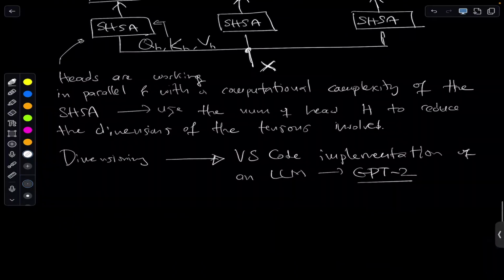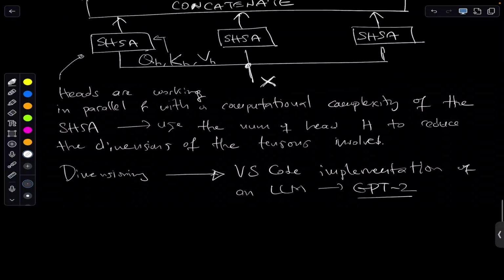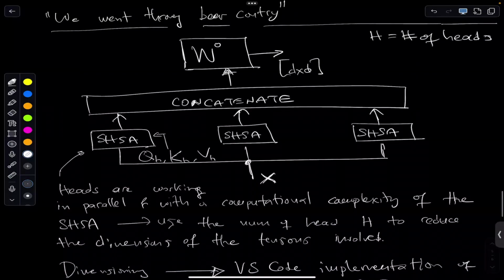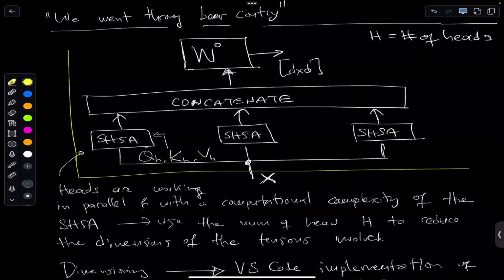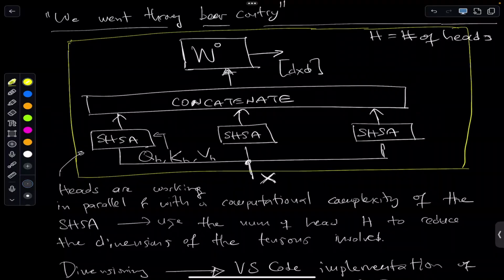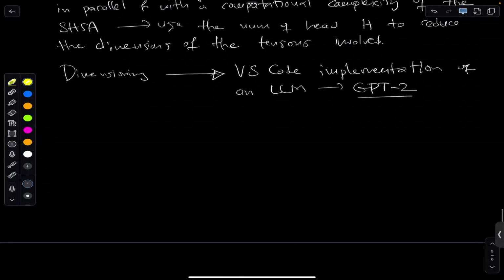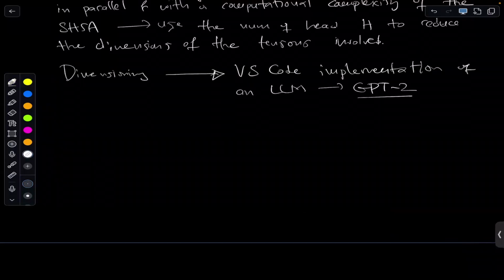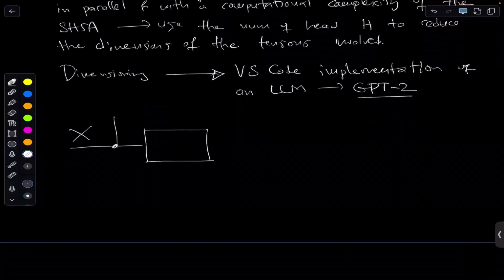If I may treat this multi-head self-attention, it is now time to enclose this whole thing in a block, and I'll call this multi-head self-attention. What I will do now is take this X as a tensor at the input and pass it through what we call a layer normalization.